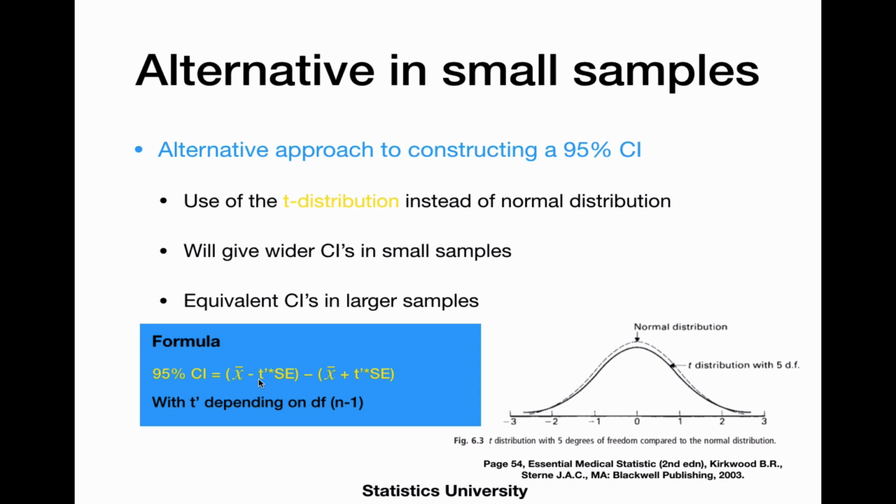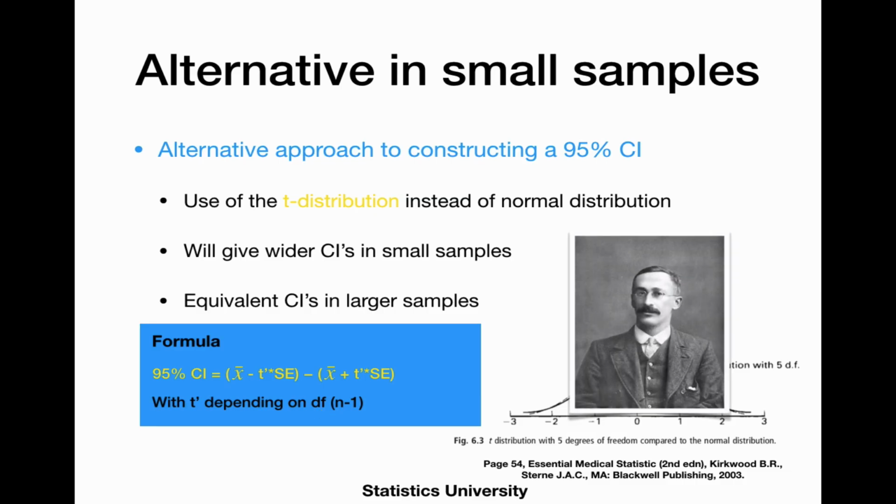In the Z-value approach, we used 1.96, but in the t-distribution approach, we use a critical value that depends on the number of observations in our study minus 1, which is the degrees of freedom for the t-distribution. And we have this guy, the guy who worked for Guinness, to thank for it.